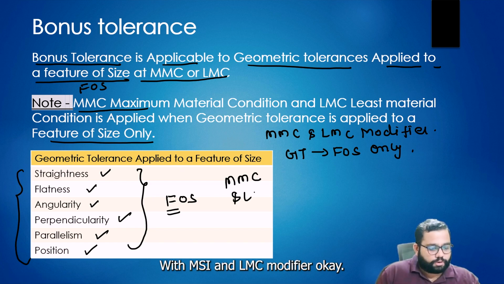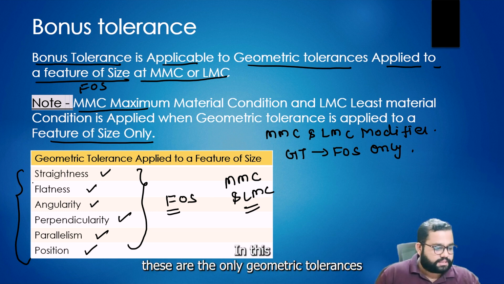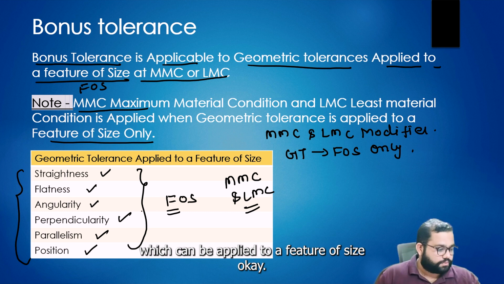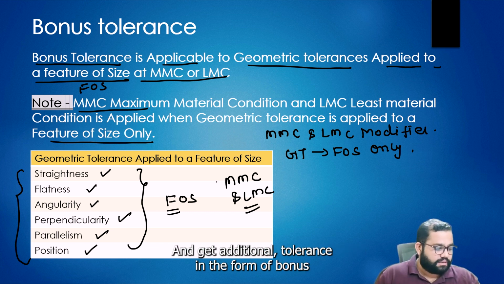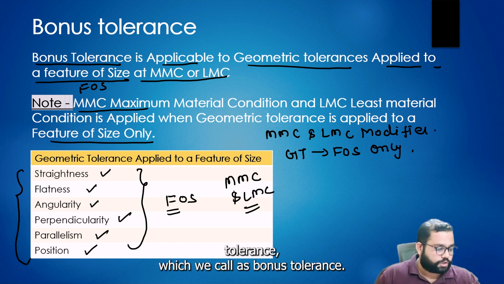These are the only geometric tolerances which can be applied to a feature of size with MMC and LMC modifiers, and get additional tolerance in the form of what we call bonus tolerance.